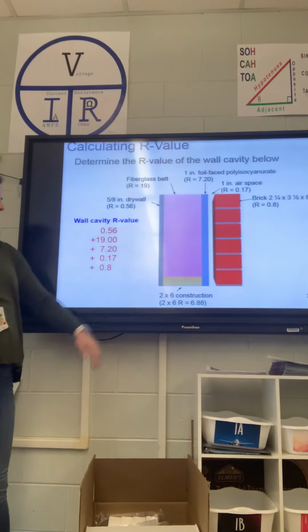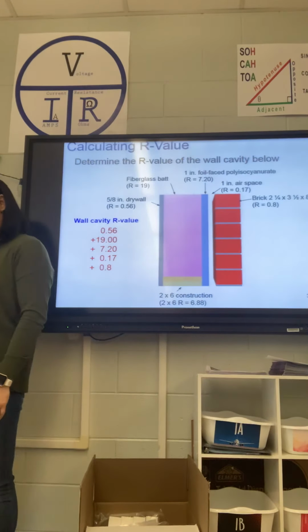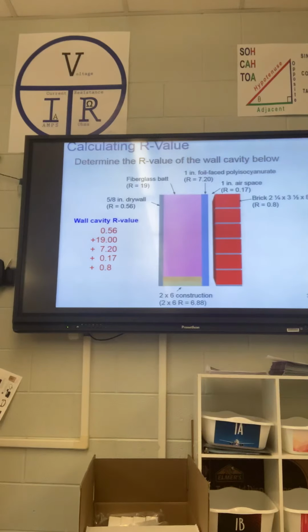We'll talk about those in a minute. You just add them up. No fancy equation. Nothing like that. So based on rounding, you're going to get around 27.7.